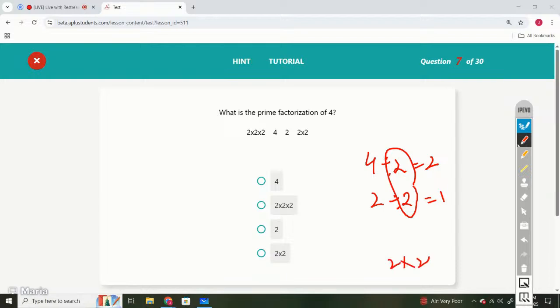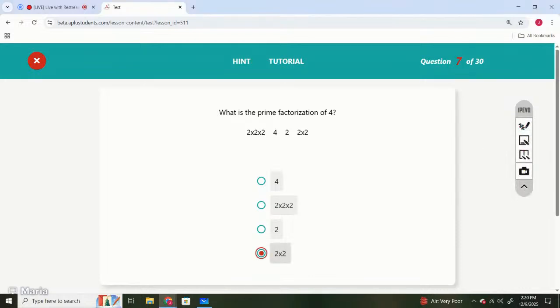Option number 4 is the correct option, that is 2 times 2.